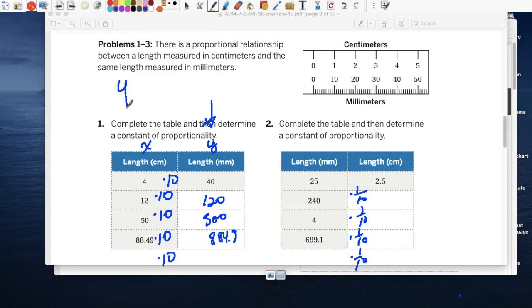In order to get y, I'm multiplying 10 times who? Times all these guys here, the 4, the 12, the 50, and 88.49, and all of them are called, in this case, x. So if I multiply 10 times any number in the x column, I get y.